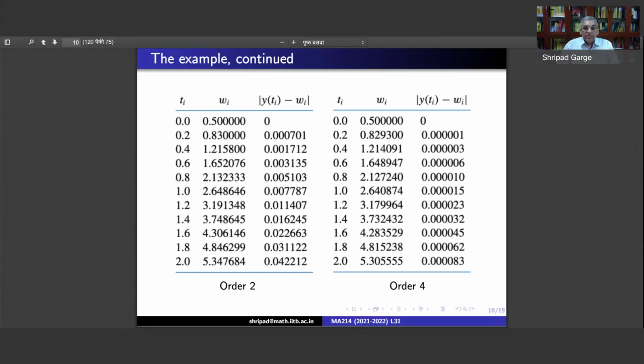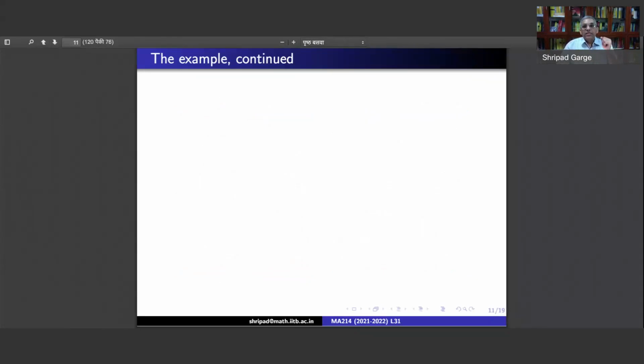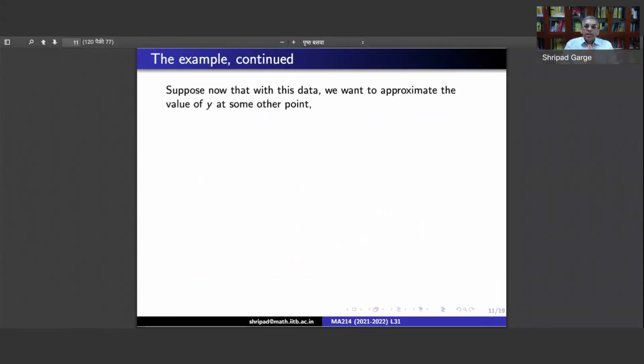These are the two examples that we have seen for various orders with the same capital N and same initial value problem. Now, suppose that after having done all this, there is another point at which we want to compute the approximation of the solution.